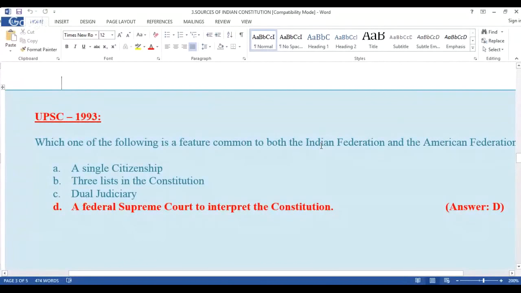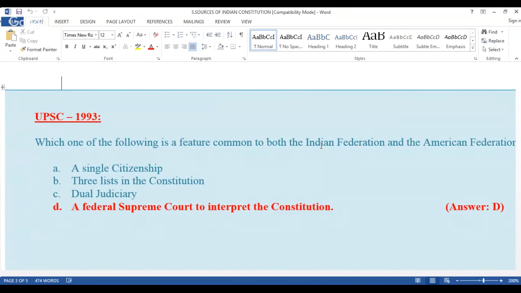Look at this. Which one of the following is a feature common to both Indian Federation and American Federation? India is a federation, America is also a federation, but India is not a complete federation. Because of that reason only, we did not mention the word federation in the constitution.